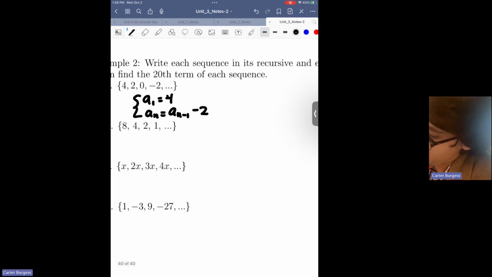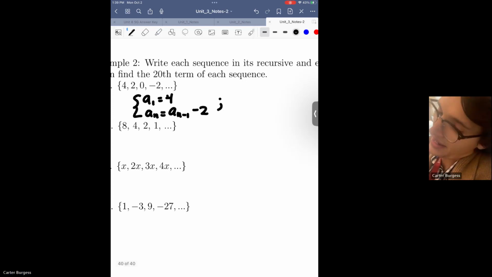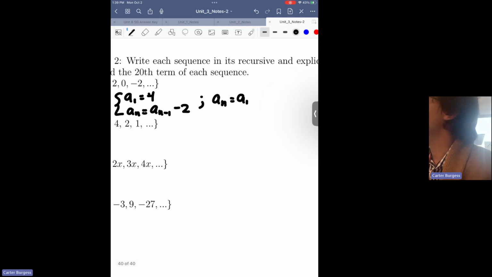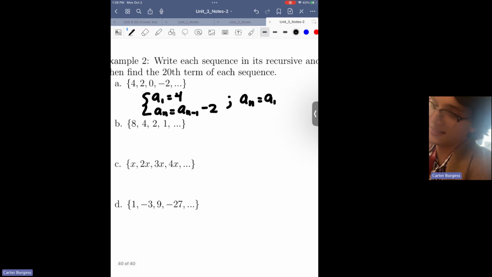Fantastic. If I'm thinking about my explicit form, if I have a sub n starting at a sub 1, then what am I doing to a sub 1? Yeah, exactly.